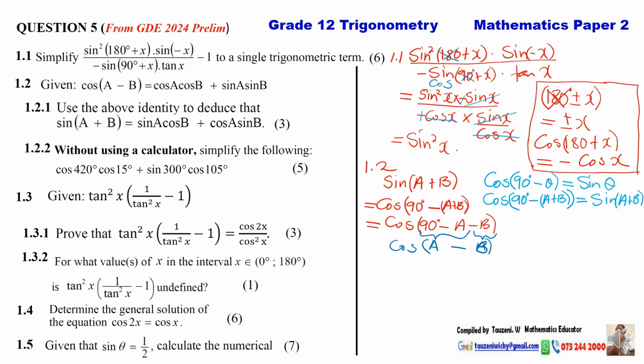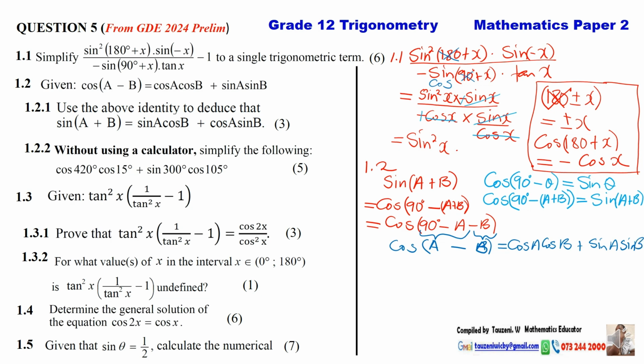A is 90 minus a. Then in expanded form, the cos of a minus b is equal to cos a cos b plus the sine of a sine b. That is your formula.